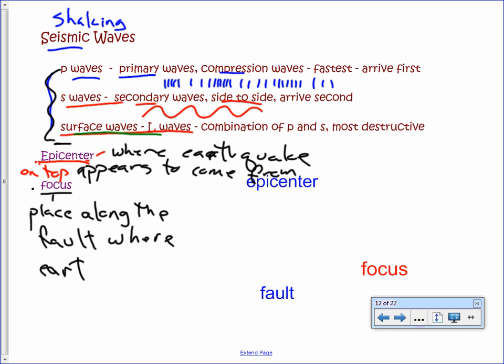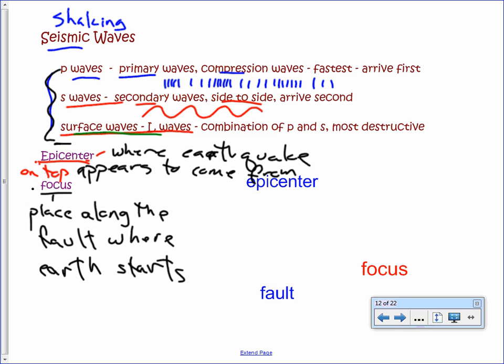And when you hear about earthquakes, a lot of times I talk about how deep the earthquakes are. When you think about what a subduction zone looks like with the one plate being pushed under the other, some of those earthquakes are quite deep as opposed to being more shallow. So where the earthquake starts.